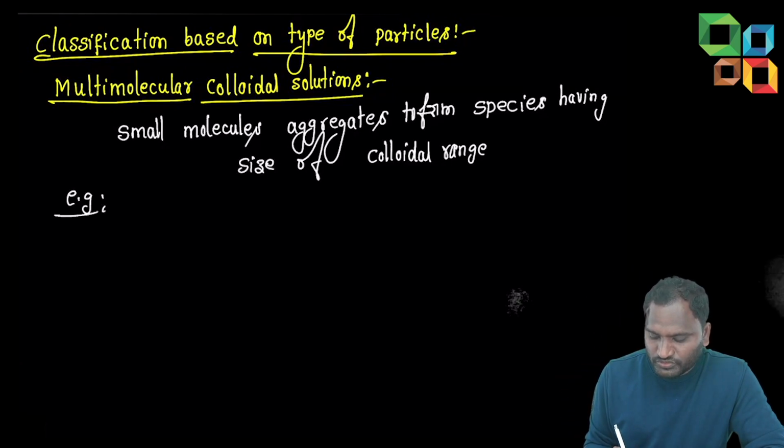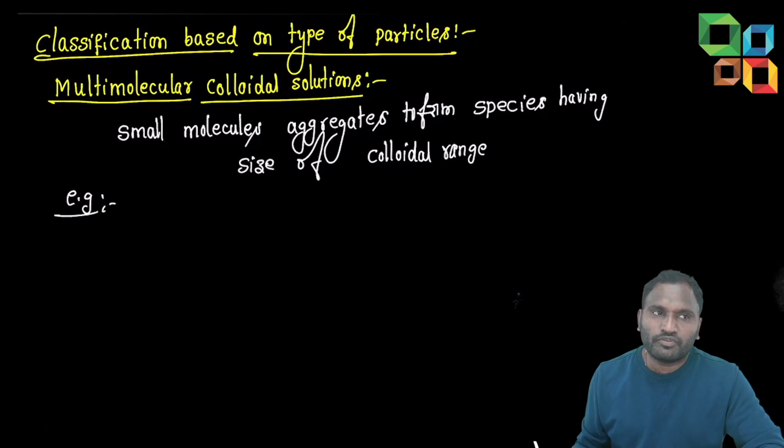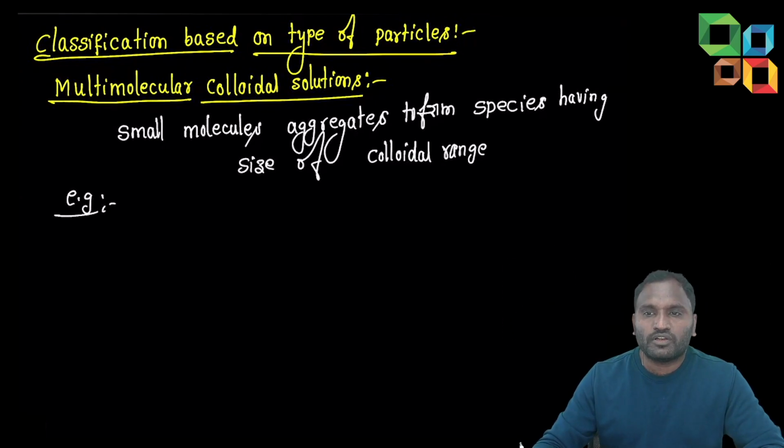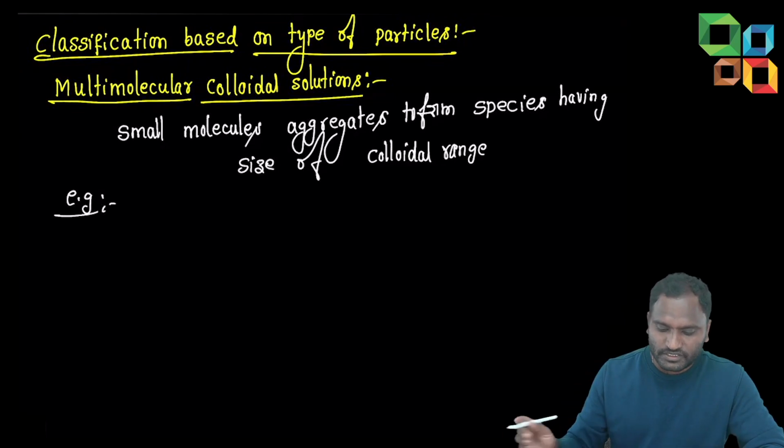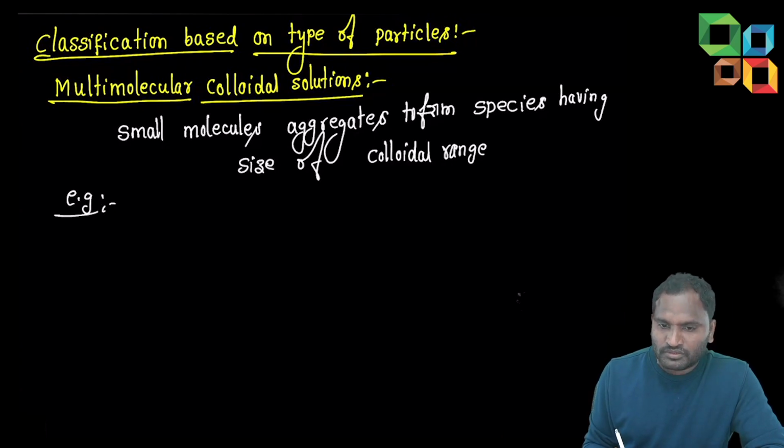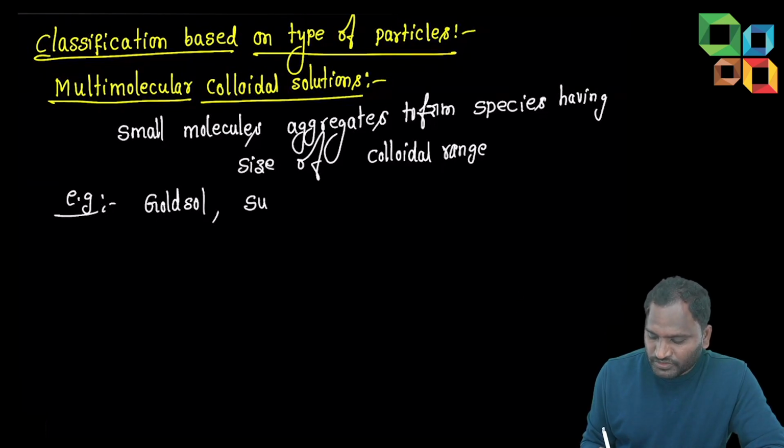Examples are important, students. Among the following, which is a multimolecular colloidal system, which is a macromolecular colloidal system, which is an associative colloidal system, like that they are asking. You can write metal salts or gold sol as the better example. Sulfur sol.